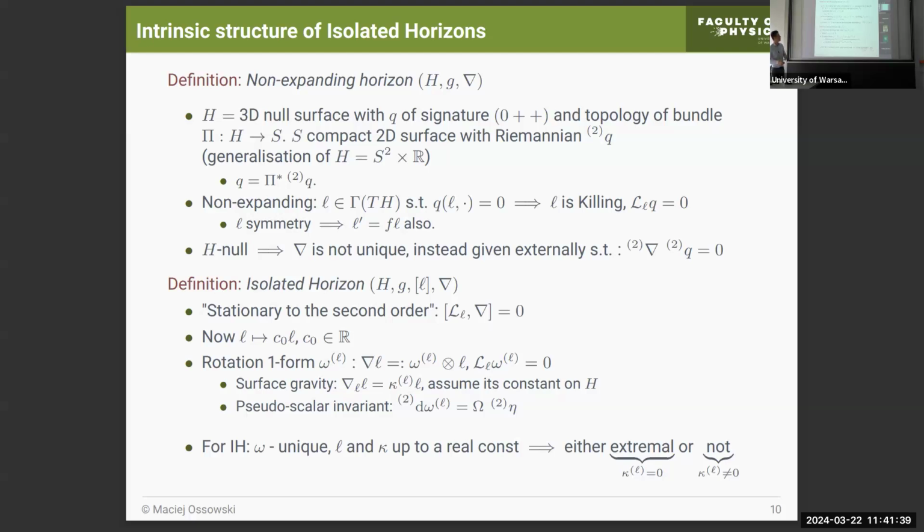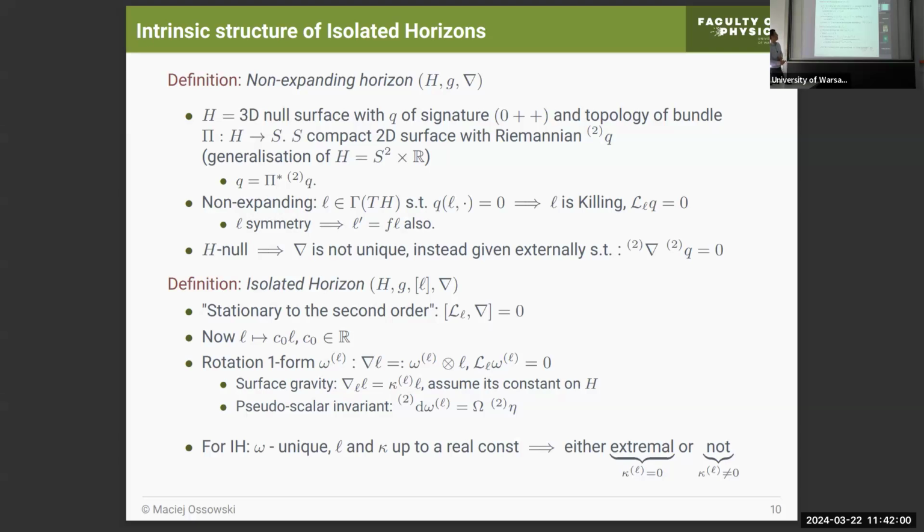So there are several steps in this definition. First of them is just a non-expanding horizon, which is like a three-dimensional, or codimension-one, null surface. I mean, codimension-one if it would be embedded. However, it's not embedded, so it's just three-dimensional.